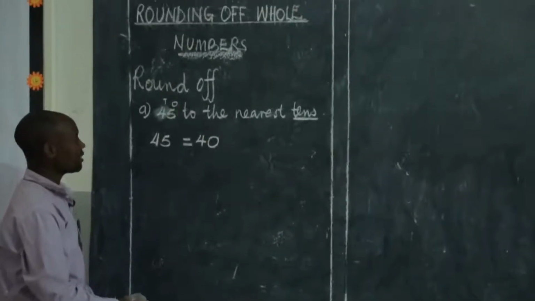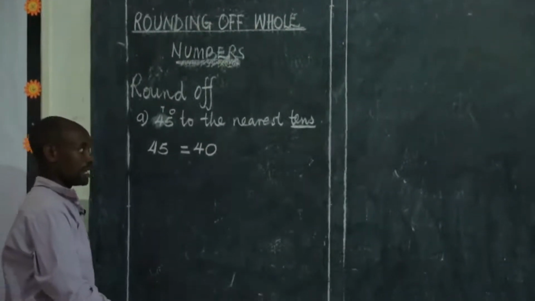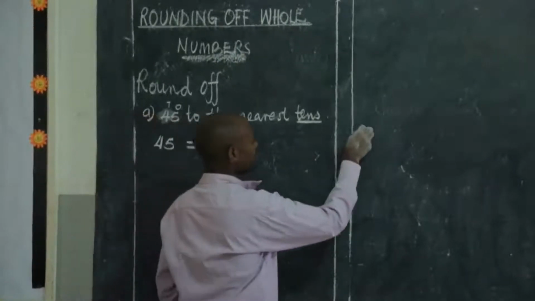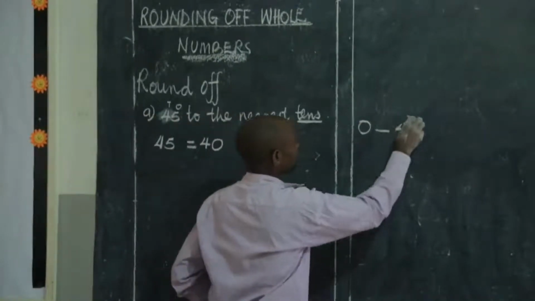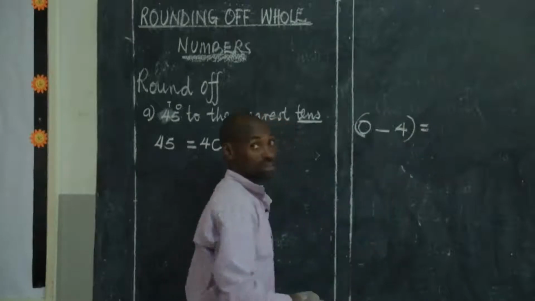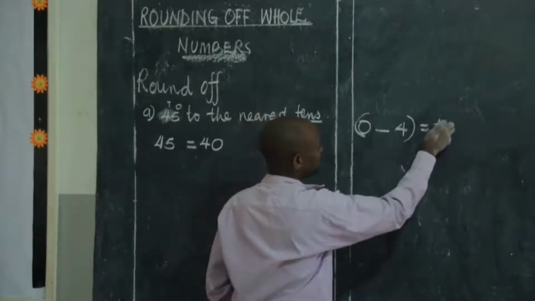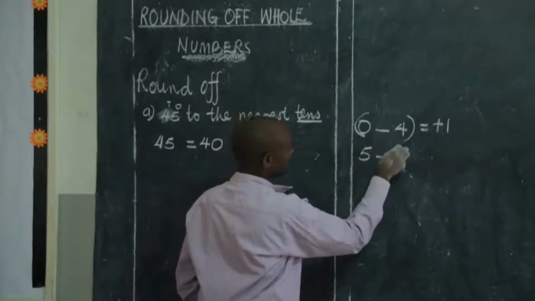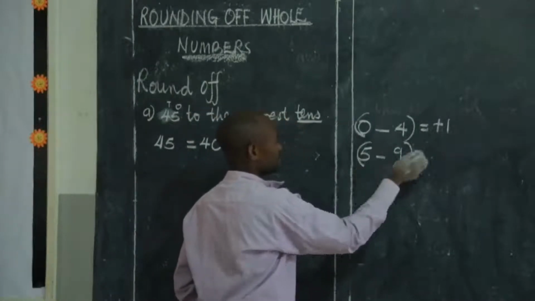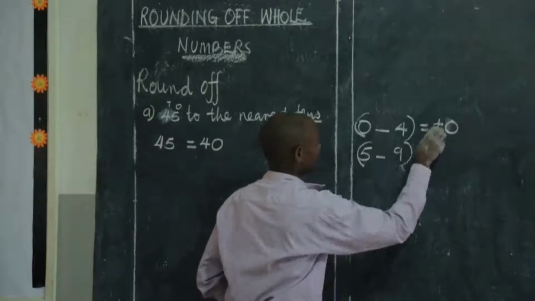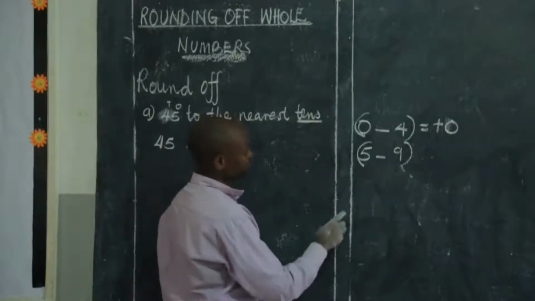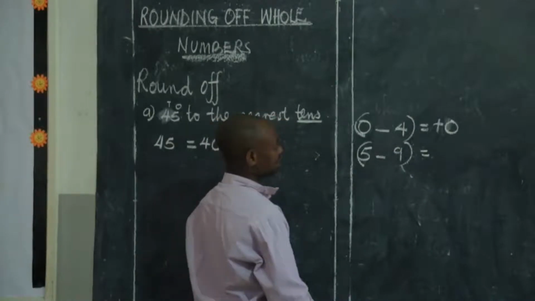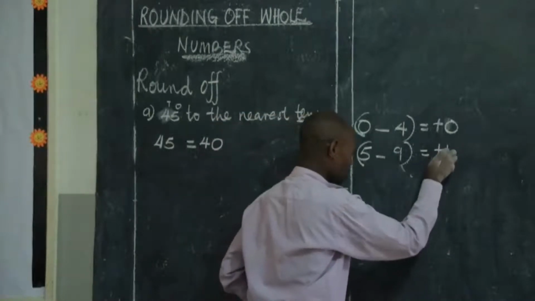Then, after writing that, remember your teacher has told you that digits from 0 up to 4 are going to add 0. And the digits from 5 up to 9 are going to round up by adding 1.